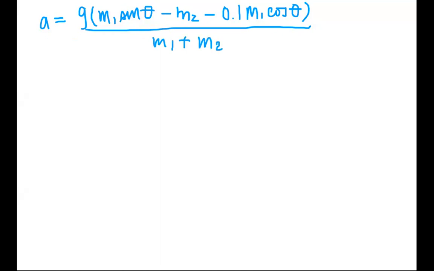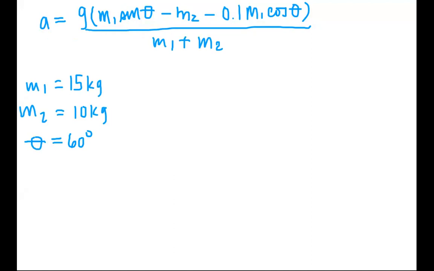And the information we were given is that m1 is equal to 15 kilograms, m2 is equal to 10 kilograms, theta is equal to 60 degrees, and g is equal to 9.80 meters per second squared.